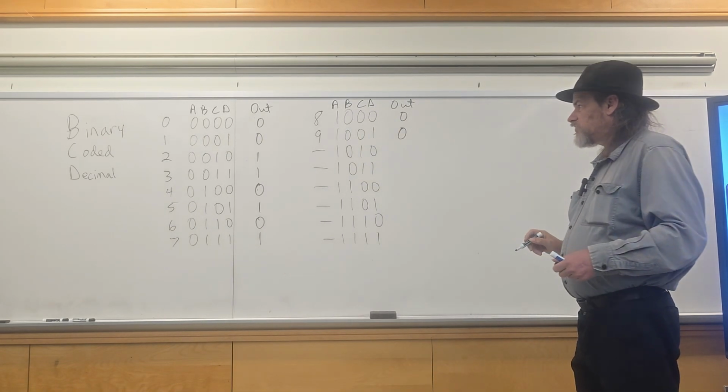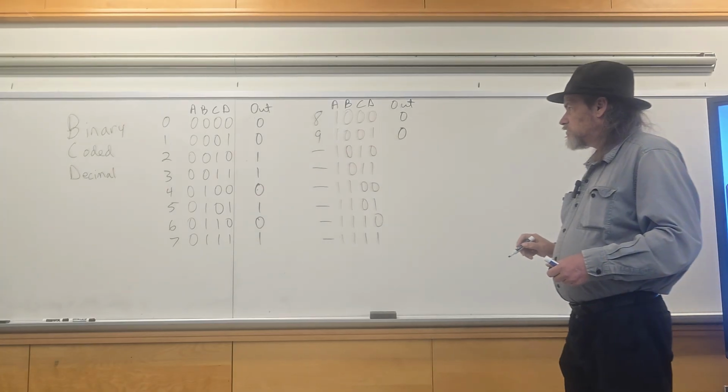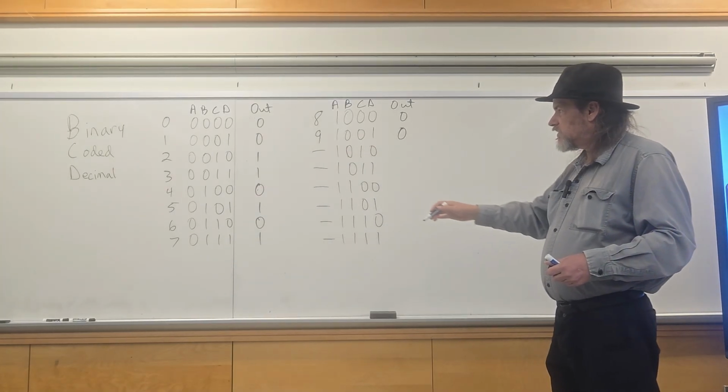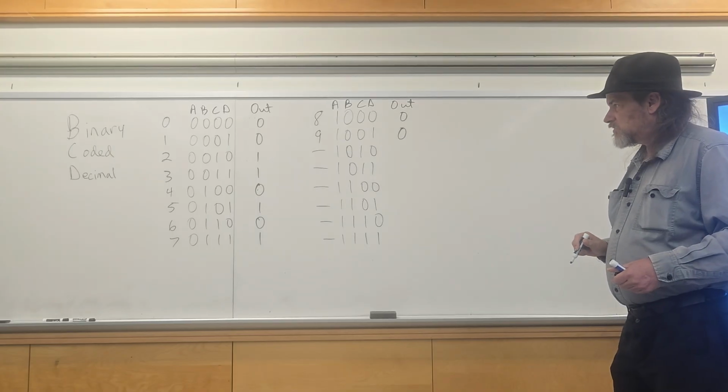Those are all the prime numbers for a binary coded decimal digit.